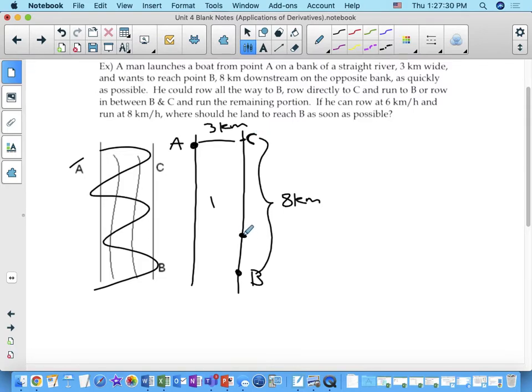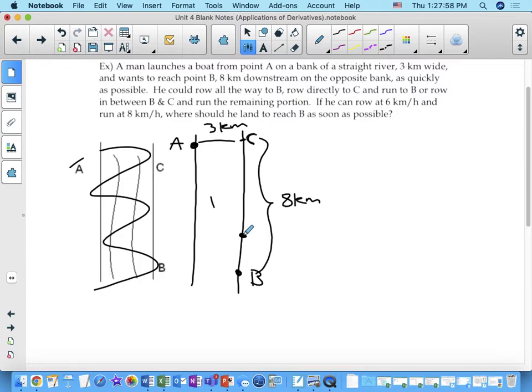So he could row here, get off the boat here, and then run the rest of the way. Now, if he can row at 6 kilometers per hour and run at 8 kilometers per hour, where should he land to reach B as soon as possible? What should he do so that he gets there fastest?